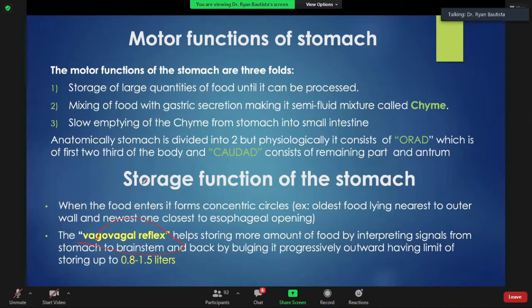Okay, so what to take out of this slide is that please remember, your stomach is able to store around 1.5 liters. If you're eating food and it is already contained in the stomach, it will send an afferent signal to your brain, to your cranial nerve number 10, the vagal nerve.